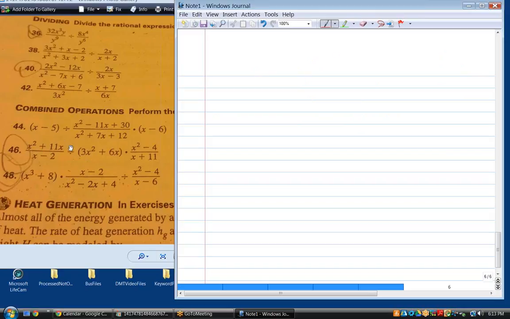Factor the top left numerator. So x plus 11. Alright. Then over x minus 2. Okay, and then I'm going to multiply by 1 over this, so let's factor some stuff out of that.